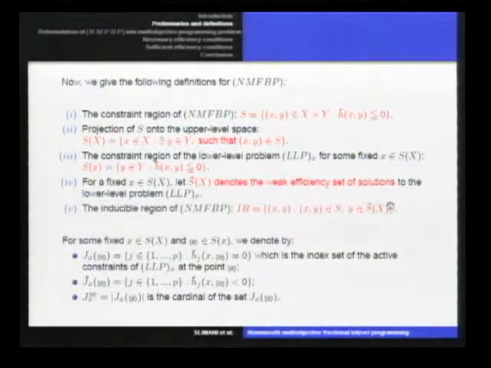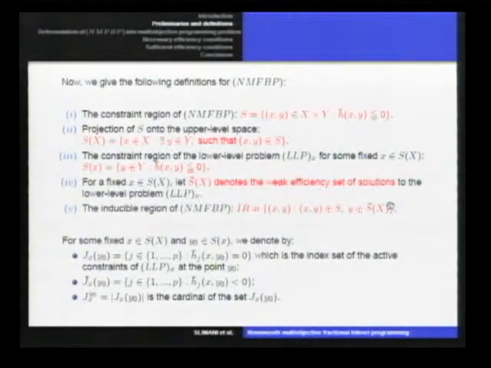We give some definitions for this problem. The constraint region of NMFBP is the capital S, which is defined as follows. The projection of S onto the upper level space is given by S capital X. The constraint region of the lower level problem LLPx for some fixed x is given by Sx.